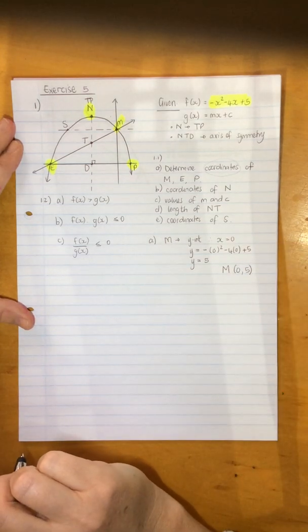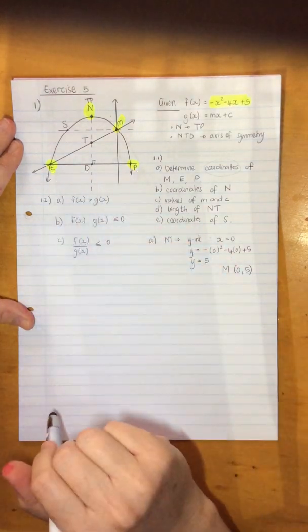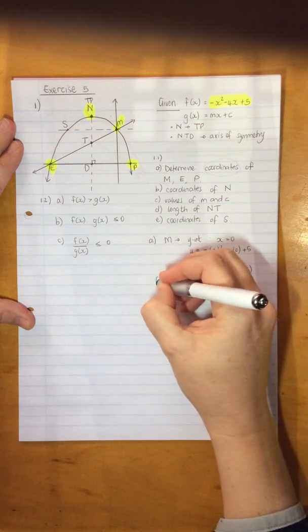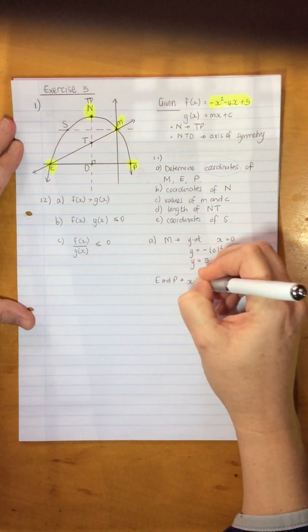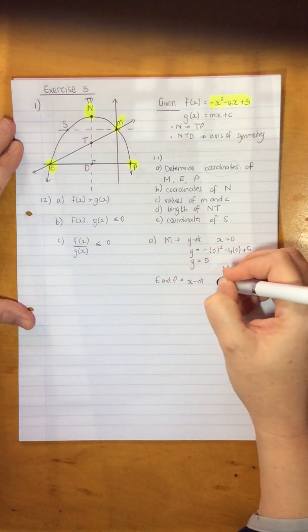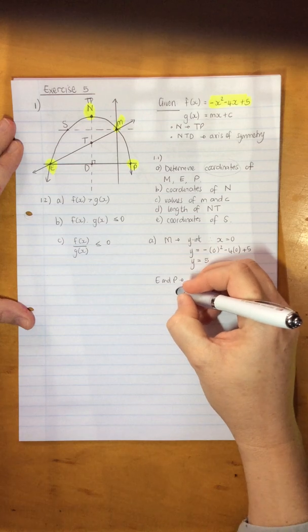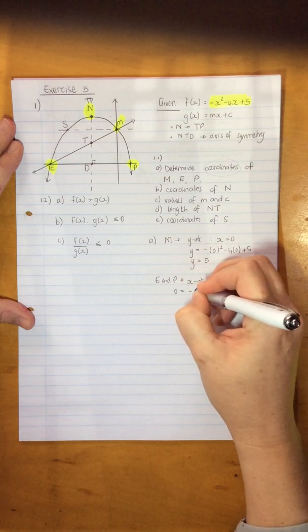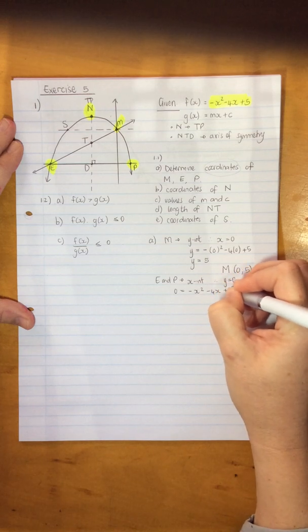Okay. E and P, they are my x-intercepts, so I need to find E and P. That means make y 0. So 0 equals minus x squared minus 4x plus 5.